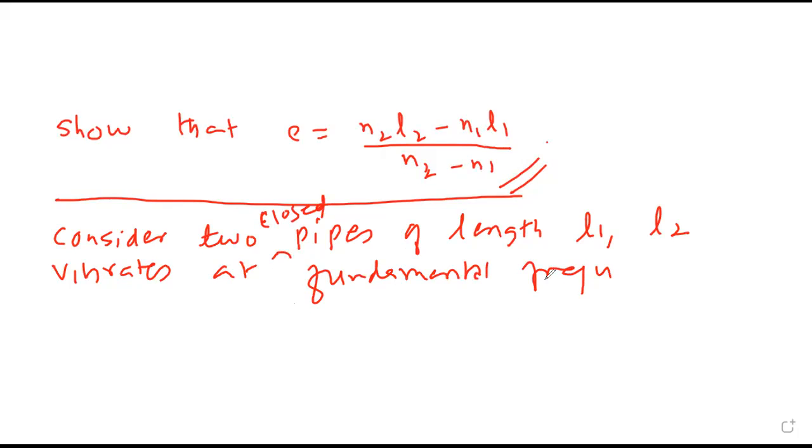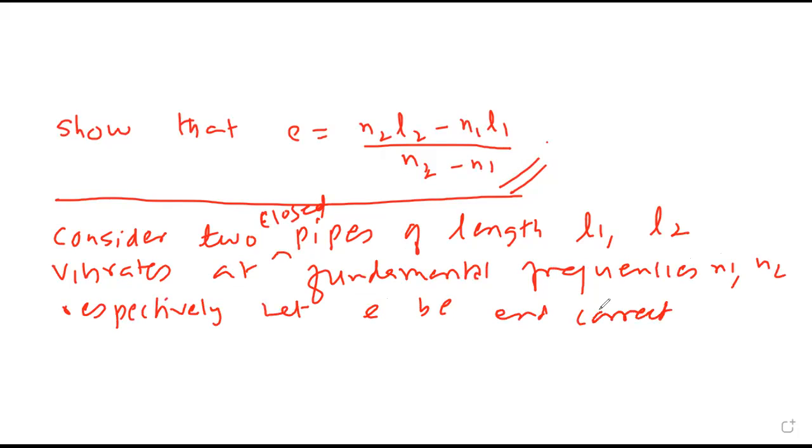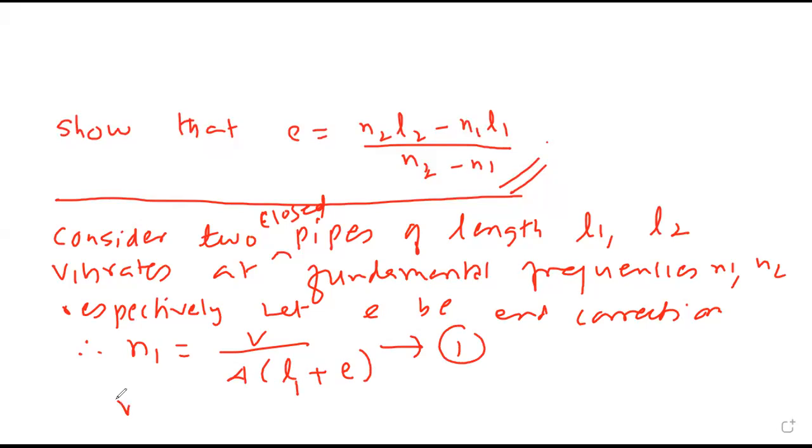L1 and L2 vibrate at fundamental frequencies N1 and N2 respectively. Let E be the end correction. Therefore, N1 is V upon 4, in place of L you will write L plus E. So N1 is V upon 4 times L1 plus end correction, equation 1. And N2 will be V upon 4 times L2 plus E, second one. Just copy this.